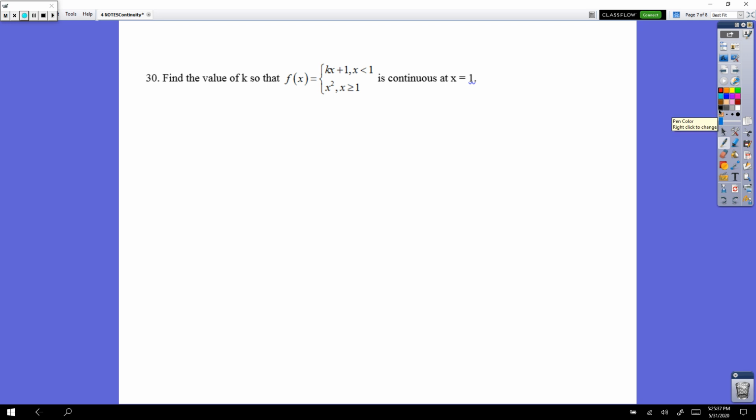So since this is a piecewise function, I need the limit as x approaches 1 from the right side of f of x to equal the limit as x approaches 1 from the left side. Right? Remember with piecewise functions, in order for the limit to exist, they have to meet each other. So that means the limit from the right side has to be the same as the limit from the left side, so that they're going to the same value.